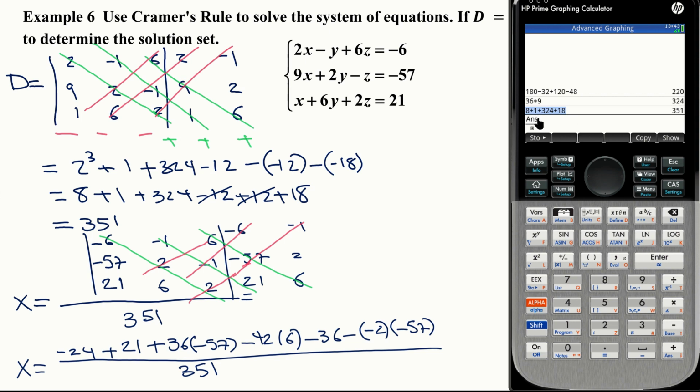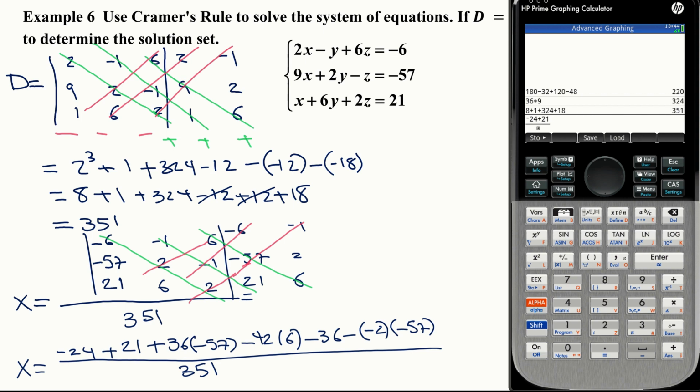Sometimes you have to push the down arrow to get put in the right spot. And we'll get rid of the A and S. That's the answer from the previous step. We don't want that. We want new information. So -24 plus 21 plus times minus.